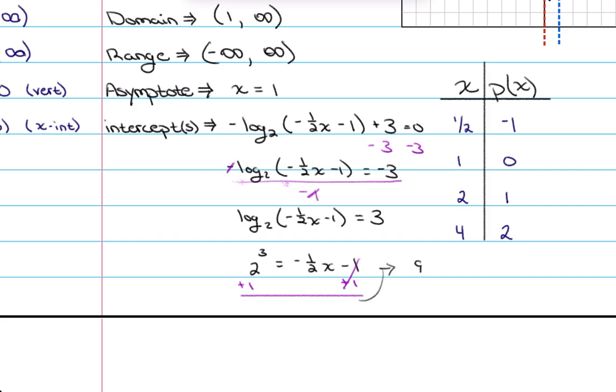I have 9 equals -1/2 x. So then to get rid of that, because again, we don't like to deal with fractions, I'm going to go ahead and multiply this whole thing through by a -2. That takes care of the negative and it takes care of the 1/2. So this ends up being -18 is equal to x. So our x-intercept is -18, 0. I won't be able to graph that in my smaller graph, but you'll see where it goes. Okay.